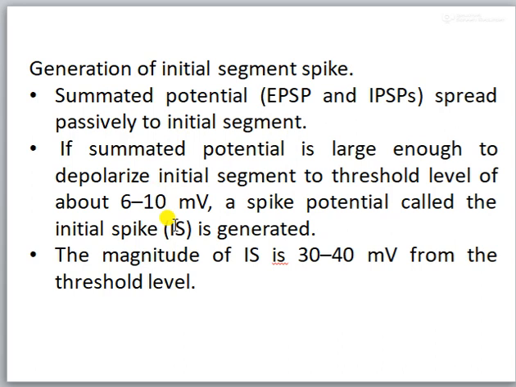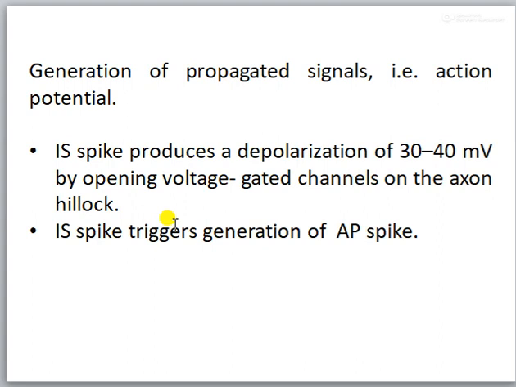It is less than the threshold level. This initial segment spike produces depolarization of 30 to 40 millivolt by the opening of voltage gated channels on the axon hillock. So this initial segment spike causes the generation of the action potential spike.